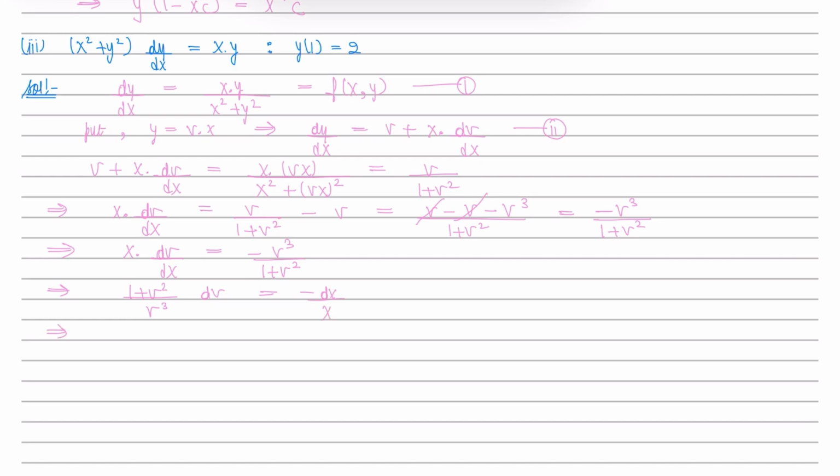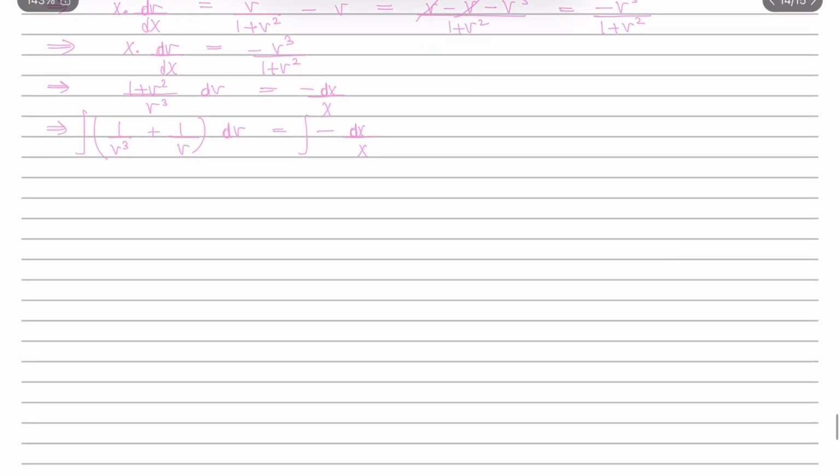Simplifying the left hand side first, 1 upon v cube plus 1 upon v into dv is equals to minus of dx upon x. Now integrating both sides, this will become minus of v to the power minus 2 divided by 2 plus log of v is equals to minus of log of x plus c.